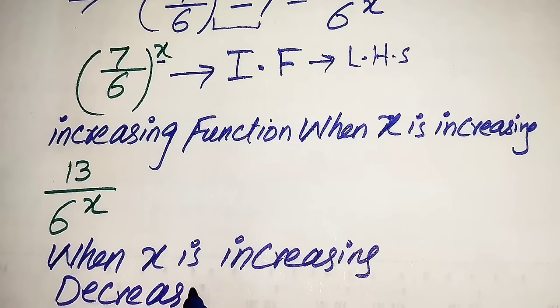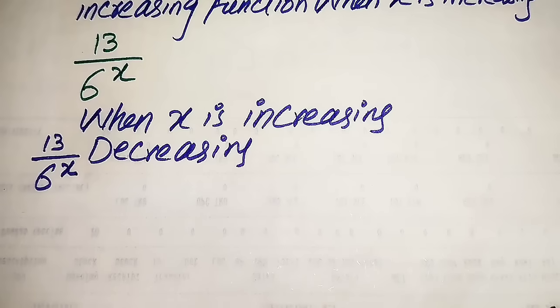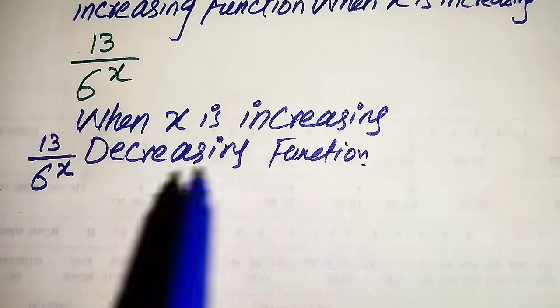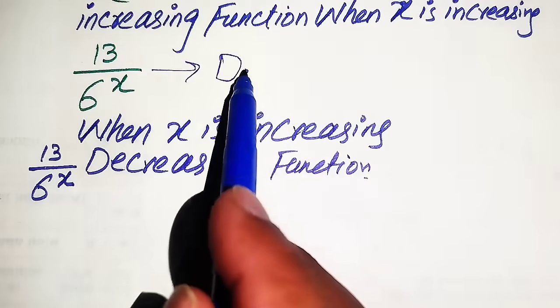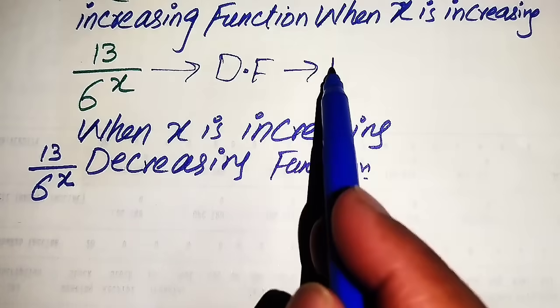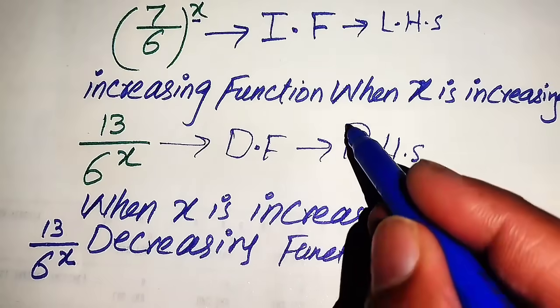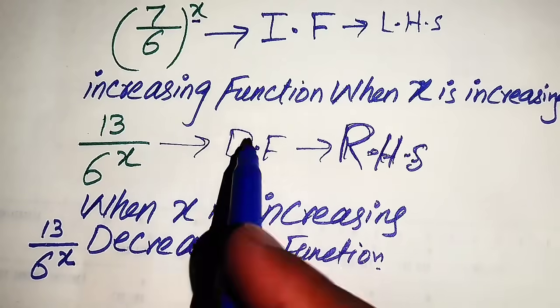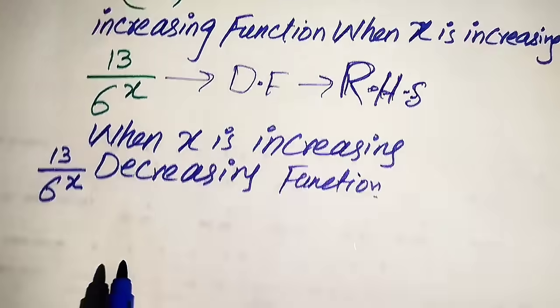Okay, and here we can write that 13 over 6 to the power of x becomes a decreasing function, or in other words we say that our right hand side becomes a decreasing function. So finally we conclude that our left hand side is increasing and the right hand side is a decreasing function.